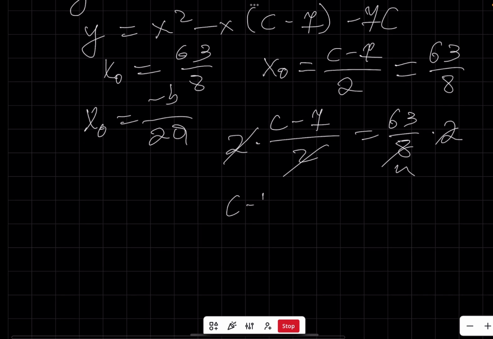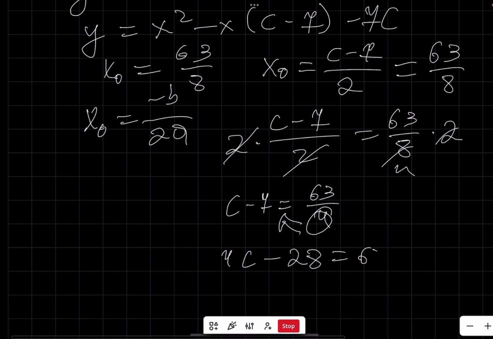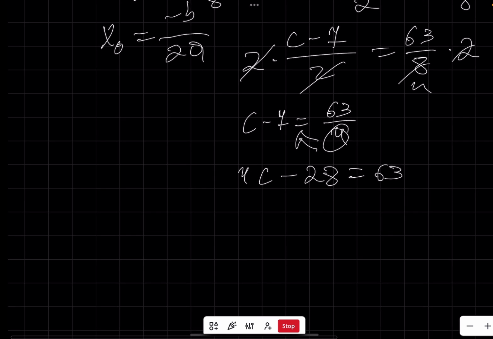So c minus 7 is equal to 63 over 4. And then we multiply both sides by 4. So 4c minus 28 is equal to 63. And then 4c is equal to 91, and c equals 91 over 4.